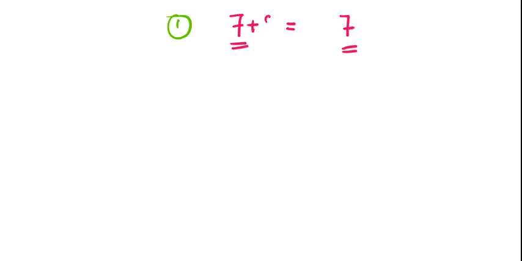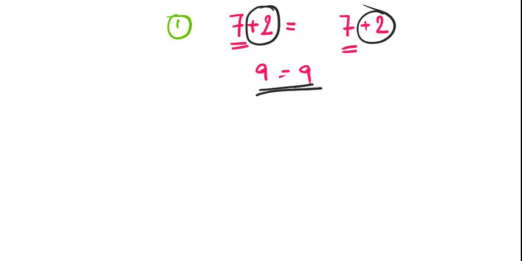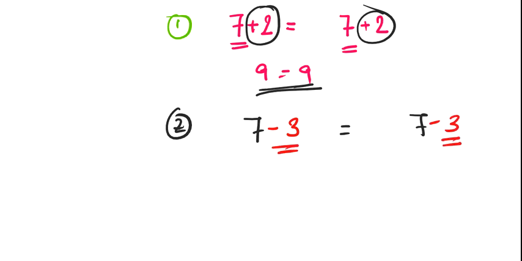If I add 2 here and 2 here, it will become 9. Means if I add the same number on both sides, it will not affect my equation. Second point, if my number is 7 and I subtract 3 on both sides, it will become 4 on both sides.